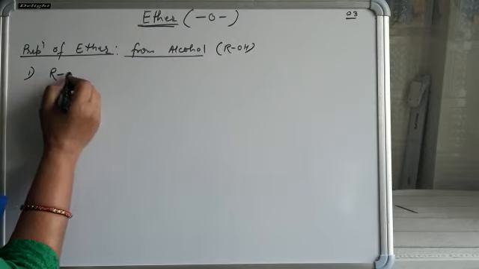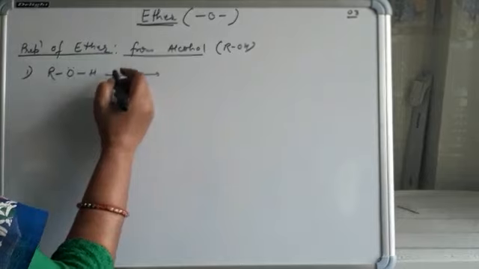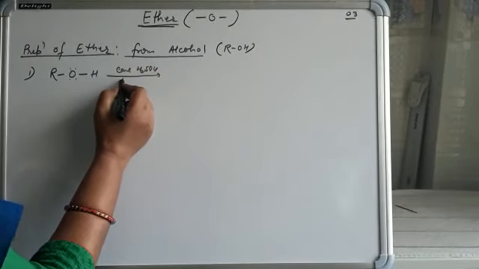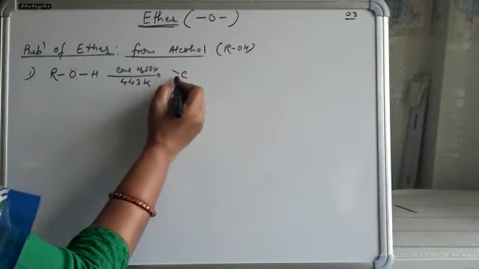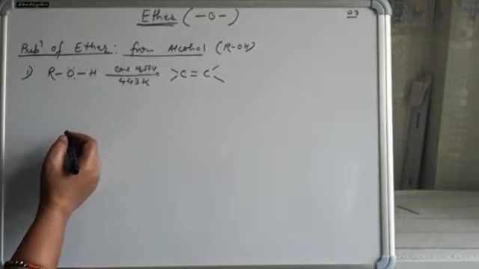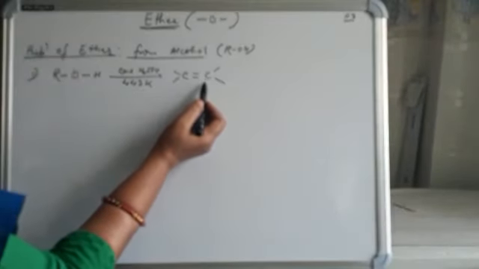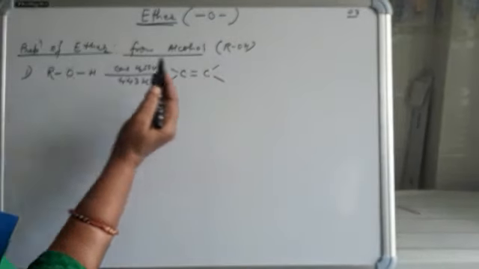When alcohol is treated with conc H2SO4 at 443 Kelvin, dehydration takes place with the formation of alkene. Here elimination takes place. Remember, when alcohol is treated with acid at high temperature, elimination reaction is favored, dehydration takes place and the alcohol changes into alkene.